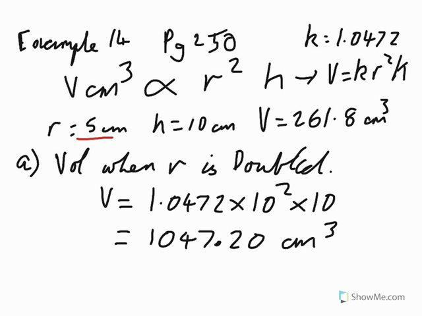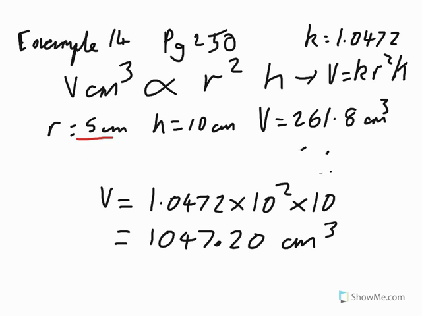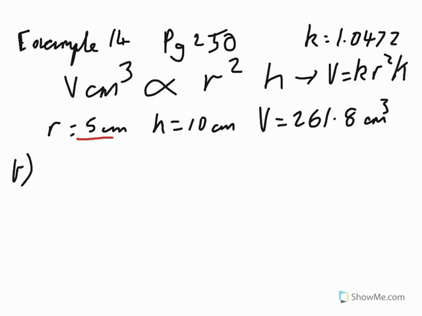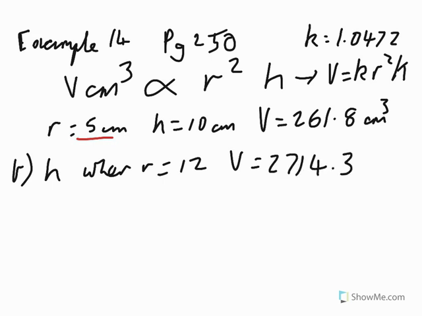Okay, part B. So let's get rid of all of this stuff. Part B says the height when R equals 12, V equals 2714.3, and again to 2 decimal places.